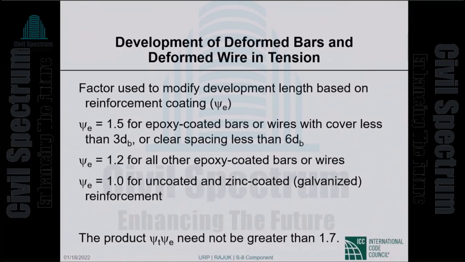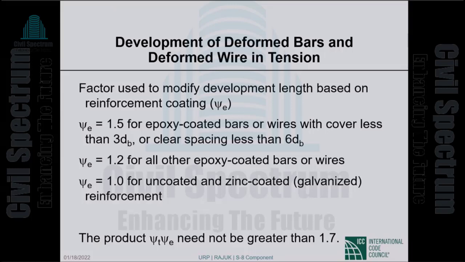Epoxy coating factor used to modify. Okay, so psi sub E is 1.5 for epoxy coated bars with cover less than 3 diameters and clear spacing less than 6 diameters. Okay. So thin cover and close spacing, 1.5. 1.2 for all other epoxy coated bars or wires, and then 1.0 for uncoated and zinc coated reinforcement.